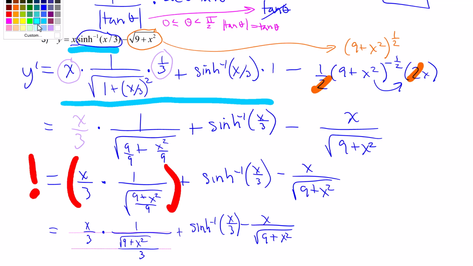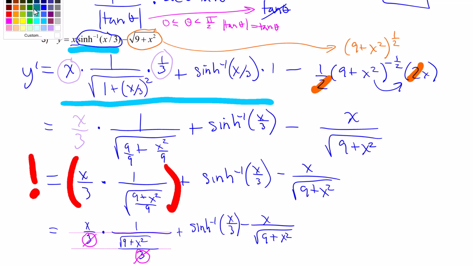Let's recognize here that these 3's, for the x over 3 and the 3 that's underneath now, the square root of 9 plus x squared, those 3's will cancel. Again, dividing by 3 is the same thing as multiplying by 1/3. If you use that reciprocal trick and rewrite it even again, you'll notice that because those are on opposite levels and yet they match, they cancel.